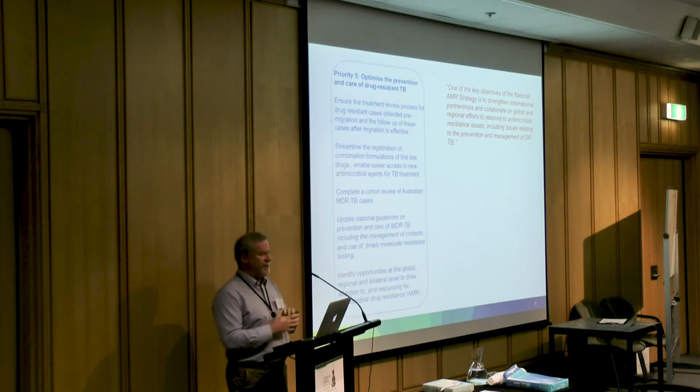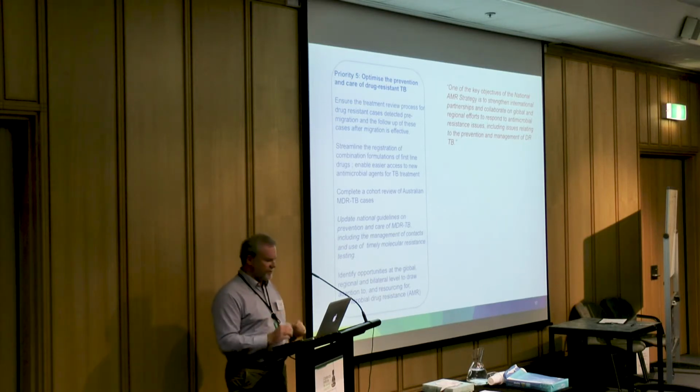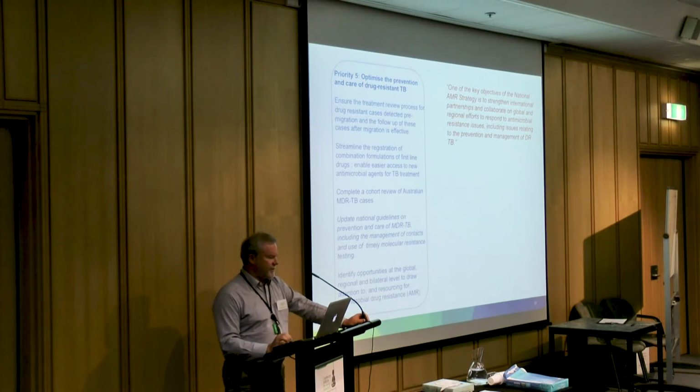I've already mentioned that, but it's also relevant to drug-resistant TB. Complete a cohort review of Australian MDR TB cases. We get notifications, but how do we bring it all together? We believe we need to, and this is probably something that NTAC can take the lead on, update national guidelines on prevention and care of MDR TB, including management of contacts.